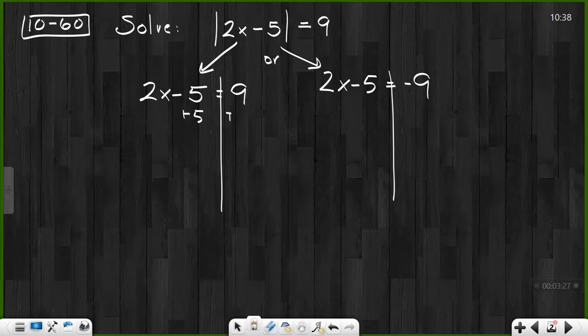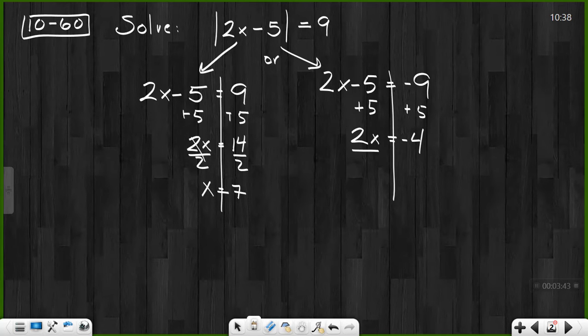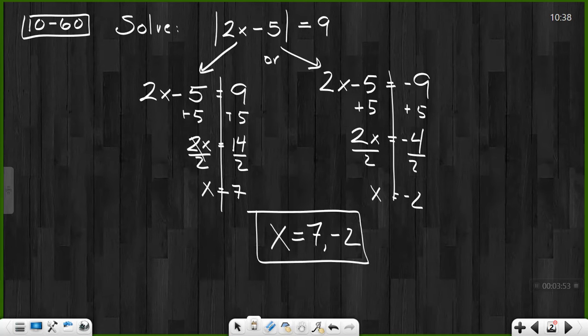We would solve both of these using the same steps because it's just 2x minus 5, and I'm looking to do the opposite here. We'd find that x in this case could be either 7 or negative 2. Both values will make that true, just like a perfect square group.